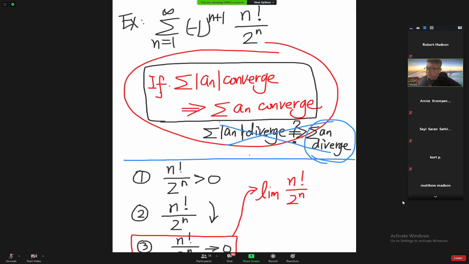Now, how do we find the limit for this one? Any idea? Nobody wants to use L'Hopital's rule? Can we use L'Hopital's rule for this one? Why not?